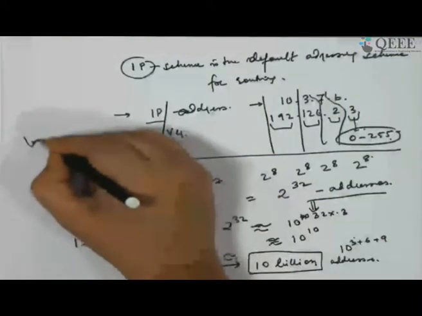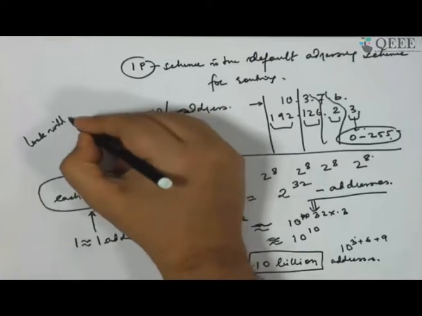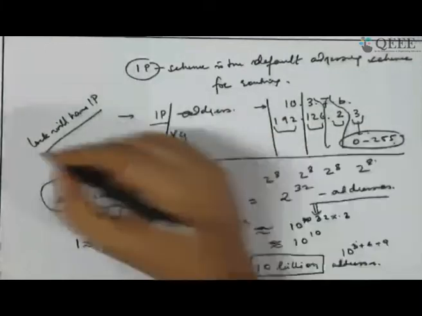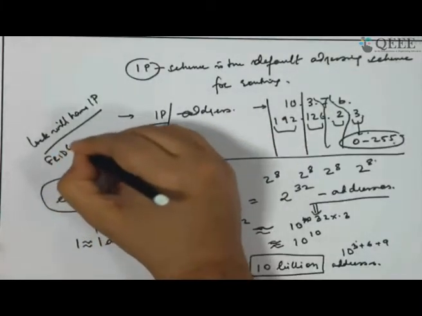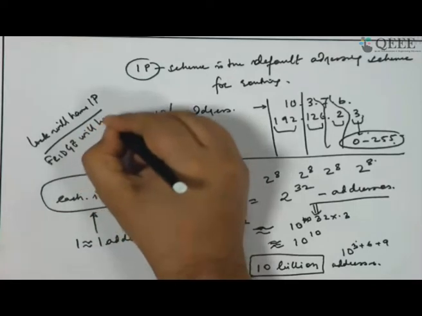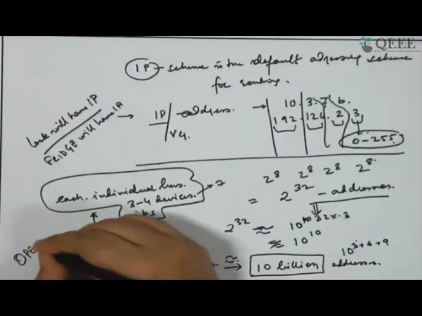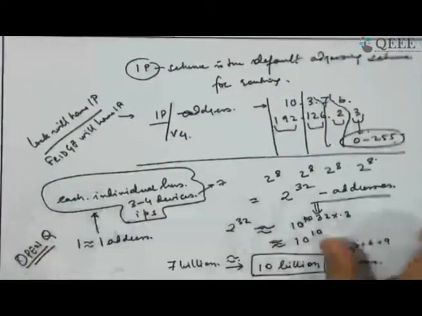Your lock will have an IP, your fridge will have an IP. So slowly every device may begin to have IPs. How will this IP addressing scheme accommodate all these sorts of devices? This is an open question which we will talk about a little bit in the class.